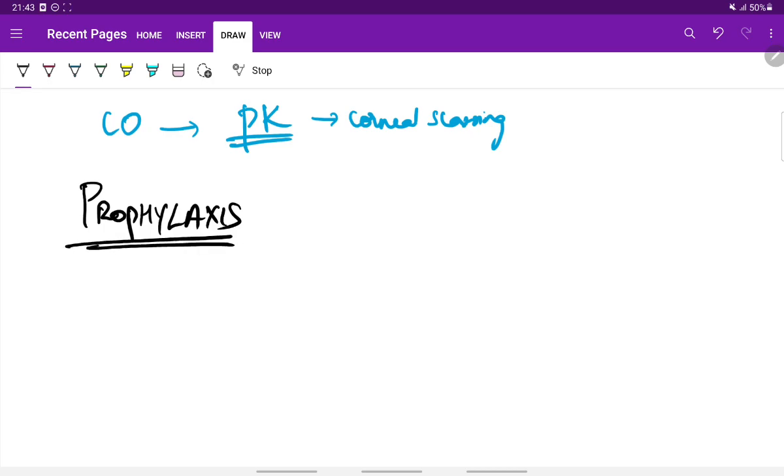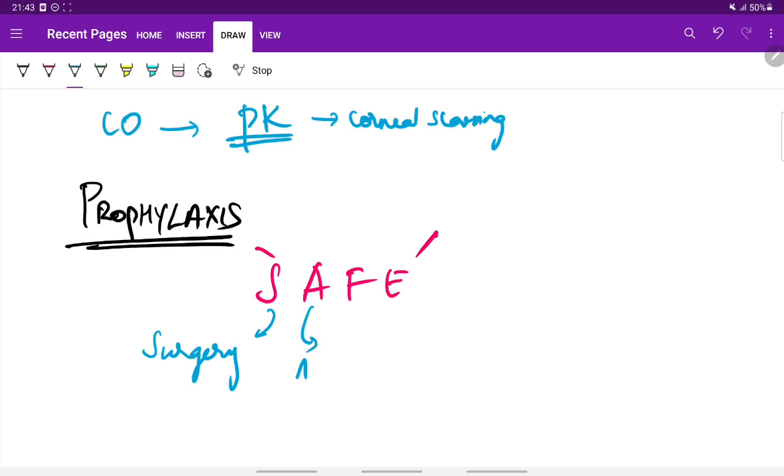For prophylaxis, we follow SAFE strategy. SAFE. Here the S stands for surgery, A stands for antibiotics, F for facial cleanliness, and E for environmental hygiene.